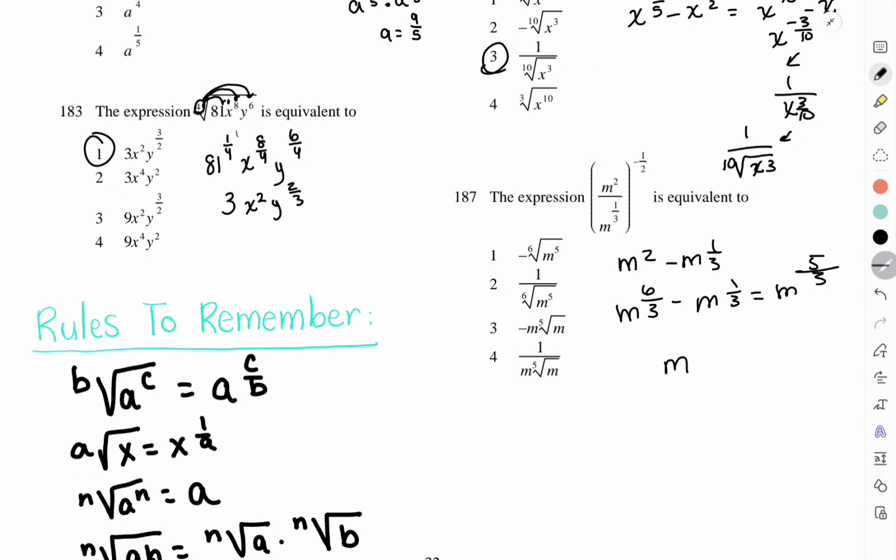So m to the 5/3 times negative 1/2 equals m to the negative 5/6, and we rewrite as 1 over m to the 5/6. Rewrite it as 1 over the 6th root of m to the 5th. Answer choice 2.